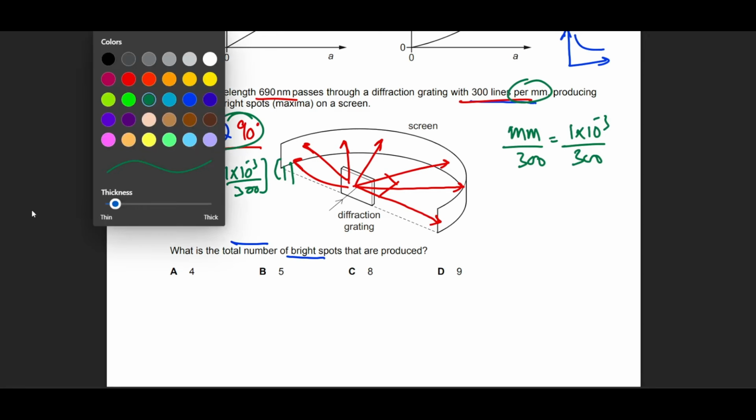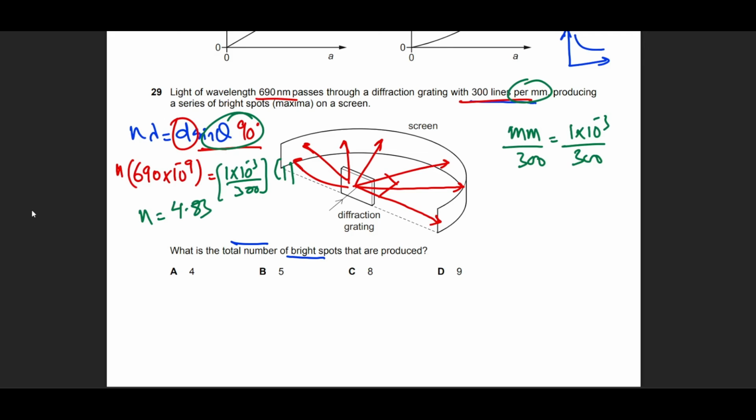Now this has to be a specific number. This has to be an integer. It can't be 4.8. It has to be either 4 or 5. Although this is wrong theory, which I'm going to say right now, it means that the fourth order diffraction is somewhere here. Let's say n equals 4 was here, and exactly at 90, compared with the center n equals 0, we saw n equals 4.83.